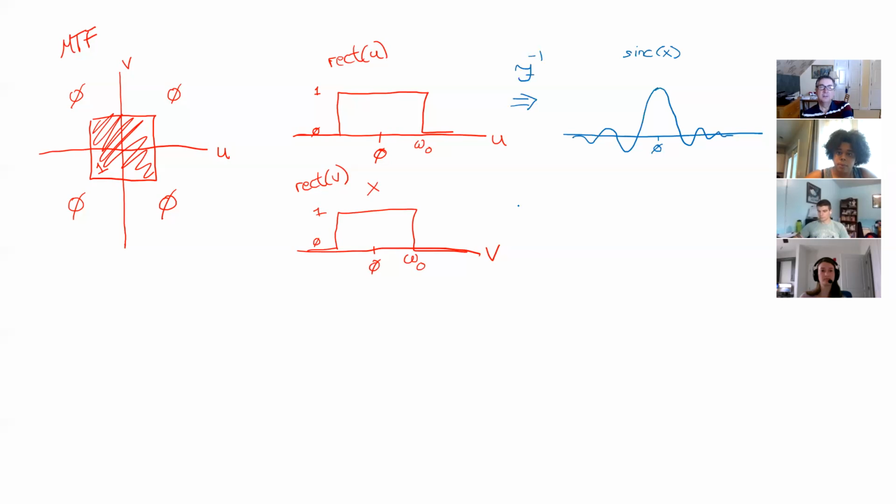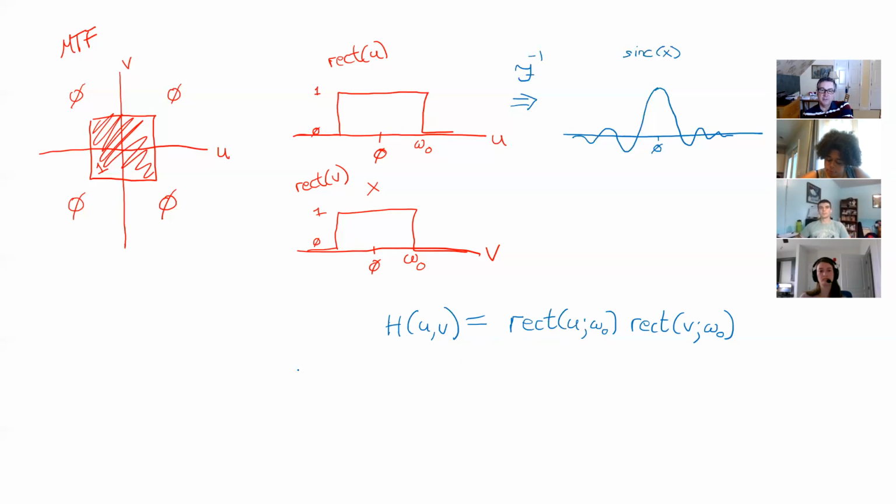More or less what I'm asking us to do here is to say, we could write H of U V as the product of two separable rectangular functions.